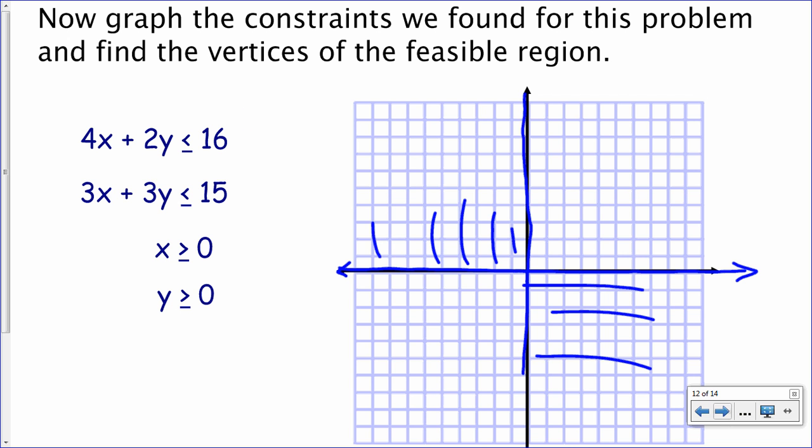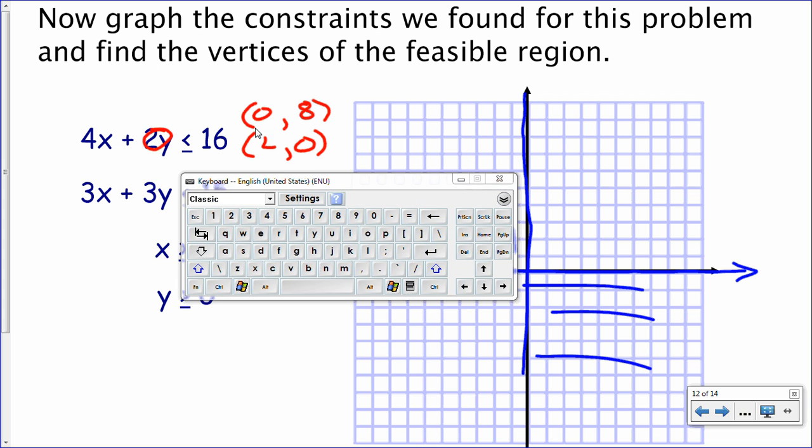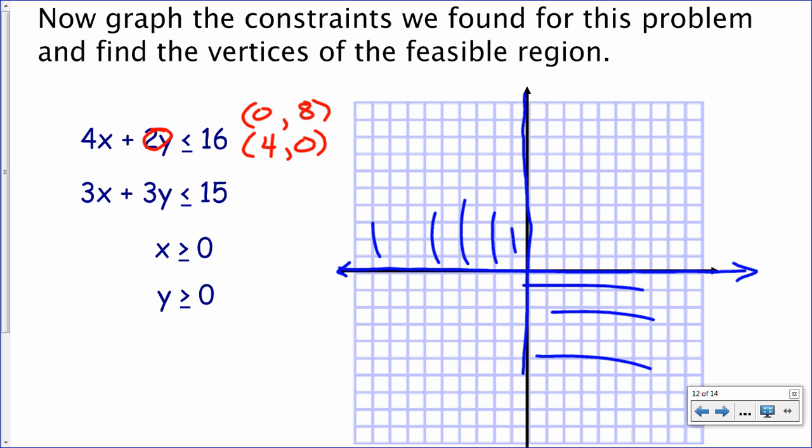So if I want to do this one by intercepts, if I put 0 in for x, y is going to be 8. And if I put 0 in for y, x is going to be 4. So 0, 8, and 4, 0.